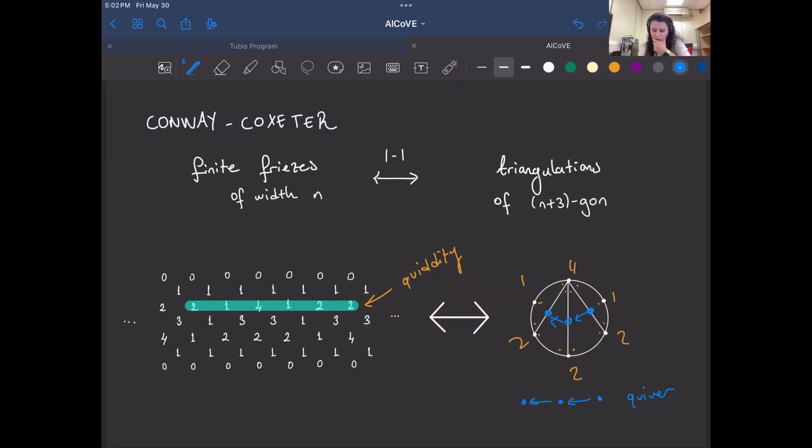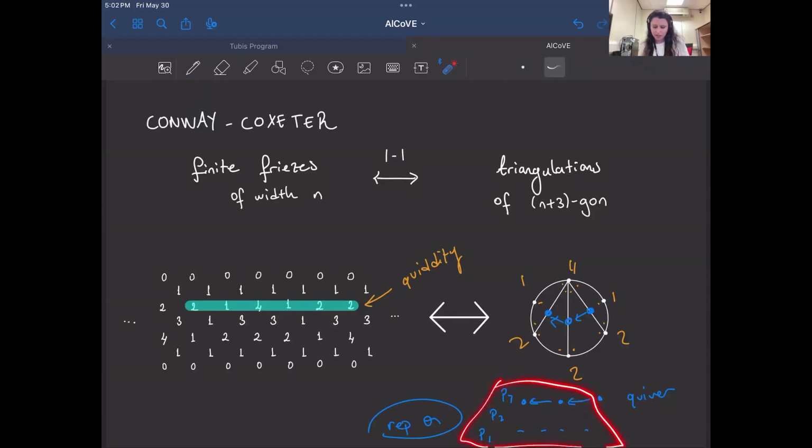So if you list all the representations, the rep Q, each representation in the representation category will be an arc. Usually these things start with the projective modules or projective representations, and it propagates. In this case, there will be finitely many indecomposable representations, and each one of them will correspond to an arc on the surface.